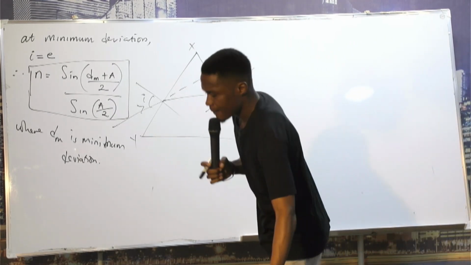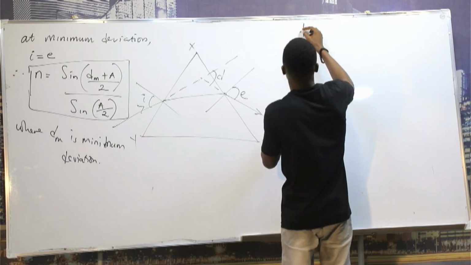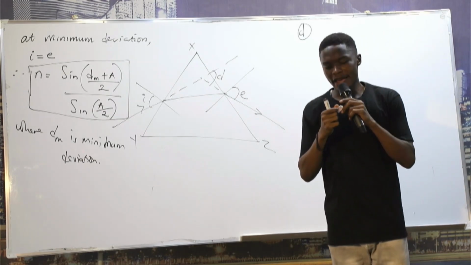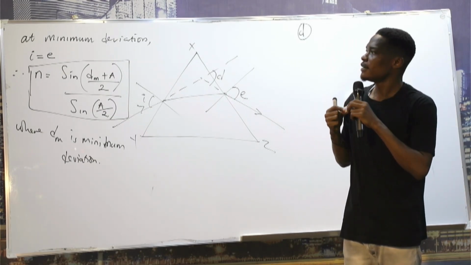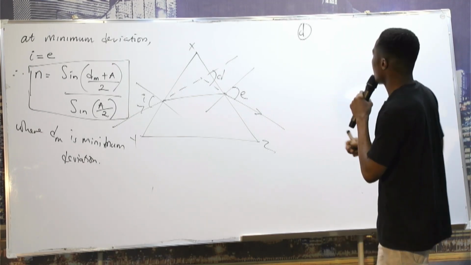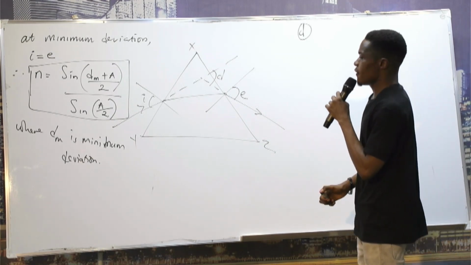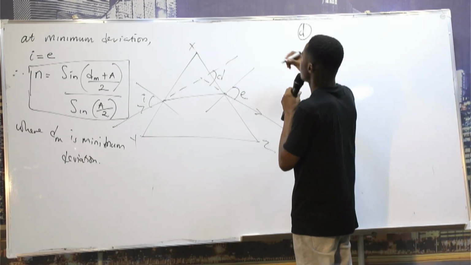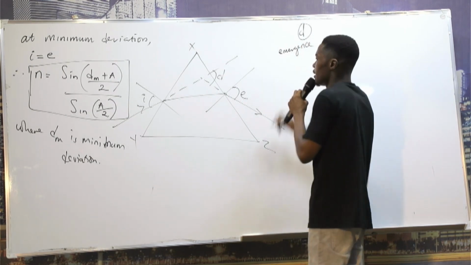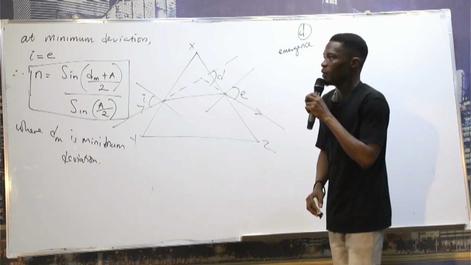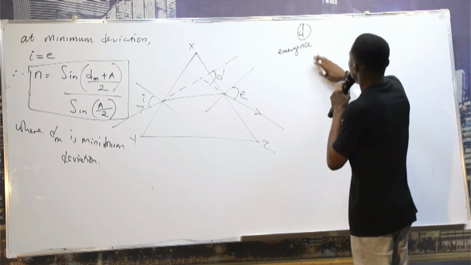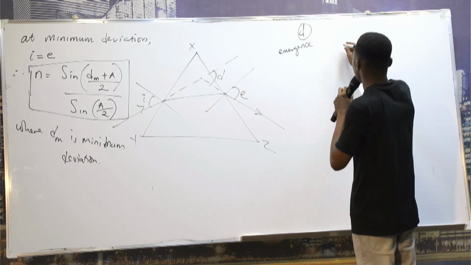Now, when a graph of deviation is plotted against the angle of emergence, the figure is obtained.